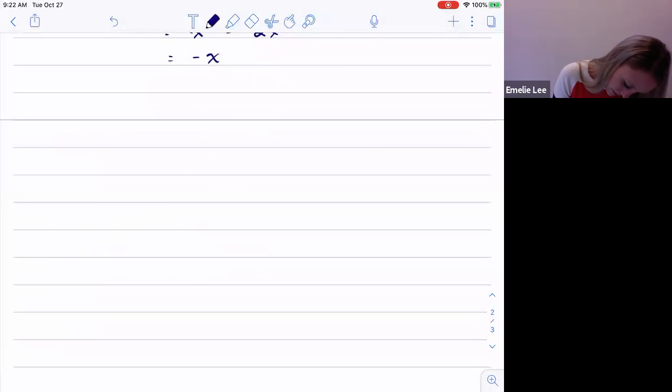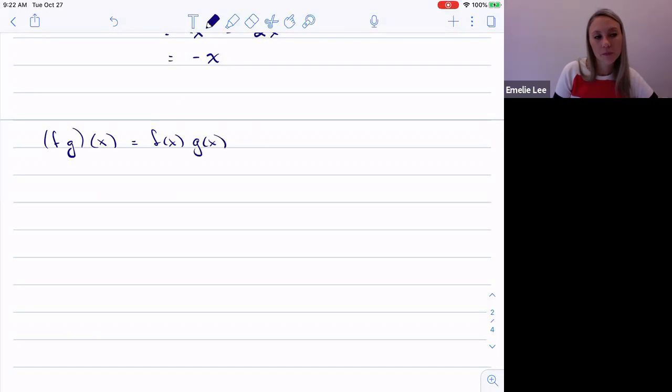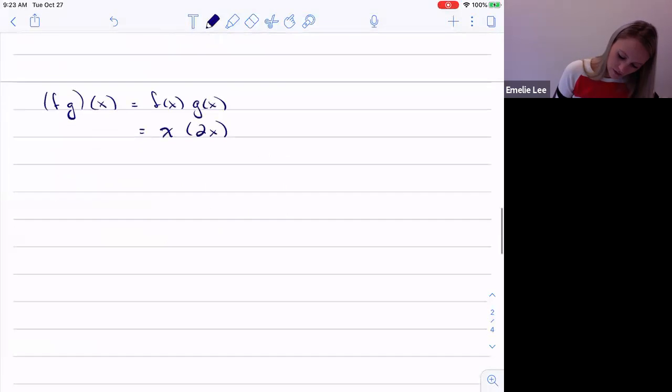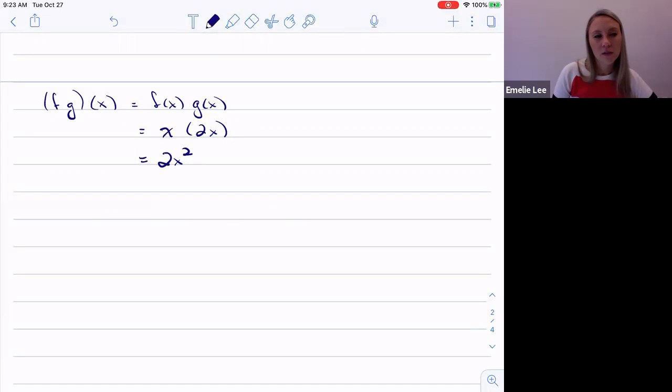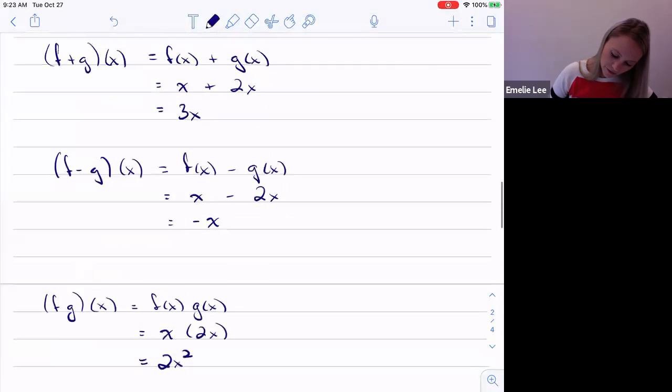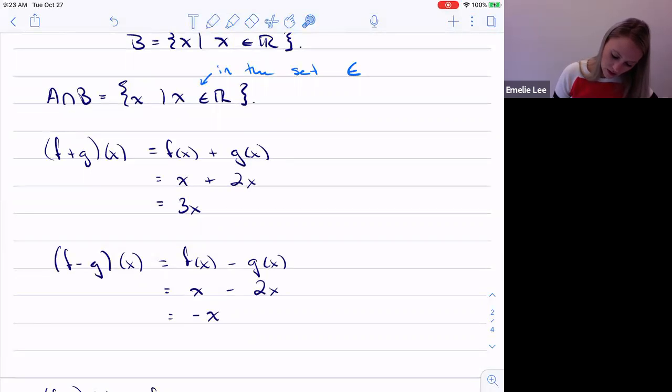Let me do it on this next page. F times g of x is the same as f of x times g of x, which is going to be x times 2x, 2x squared. And then the domain for each of these is going to be A and B, but I'll make a note here.